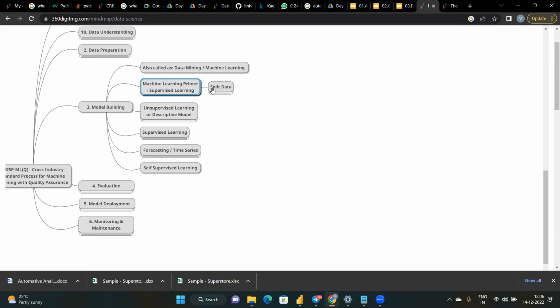Machine learning is a field of inquiry devoted to understanding and building models.